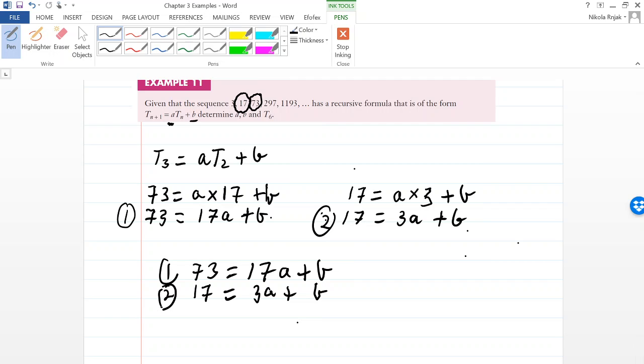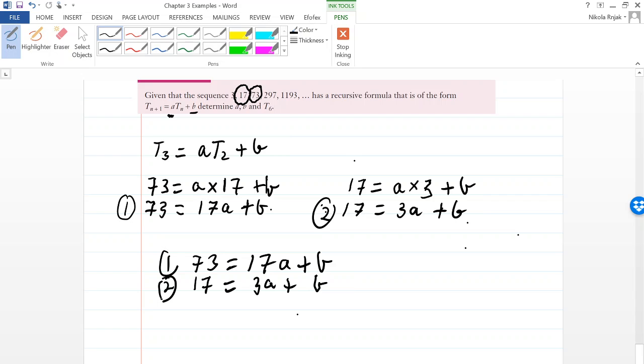When you have two variables that can be easily cancelled out, in this case I've got a b here and a b here, that's when you'd use elimination. If I subtracted equation 2 from equation 1, the b's would cancel out.